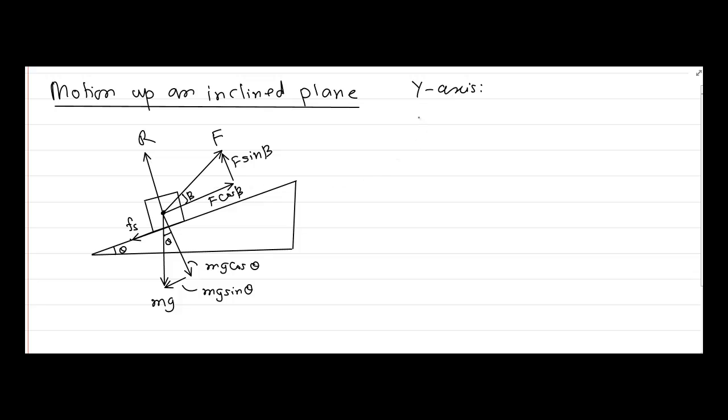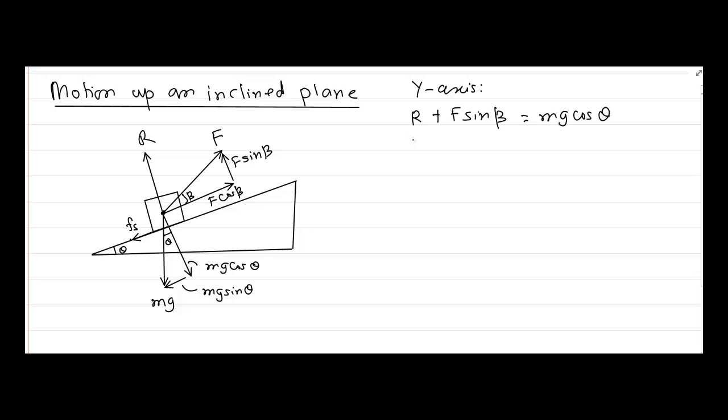So along the y-axis we have R, F sine beta, and mg cos theta. R and F sine beta are in the same direction, so R plus F sine beta is equal to mg cos theta.